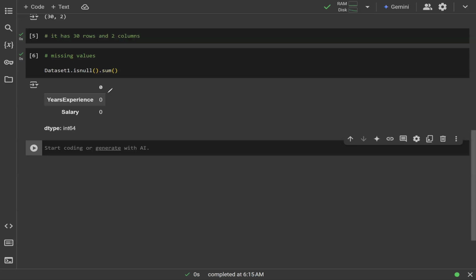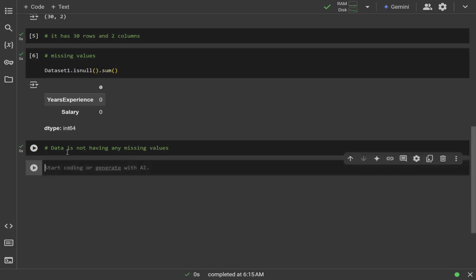It is 0, 0, 0 everywhere, so the data does not have any missing values.